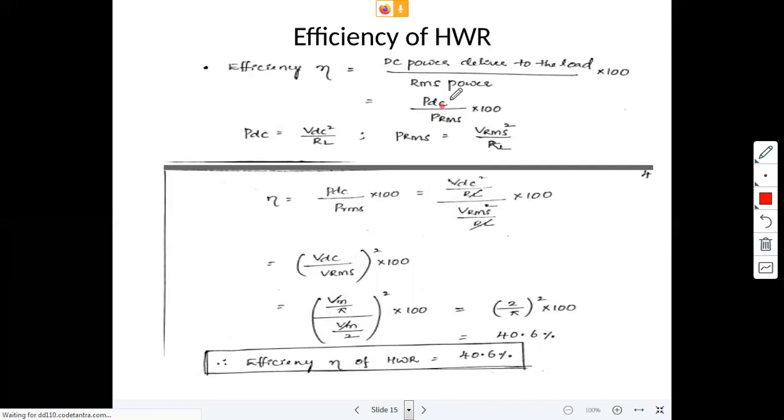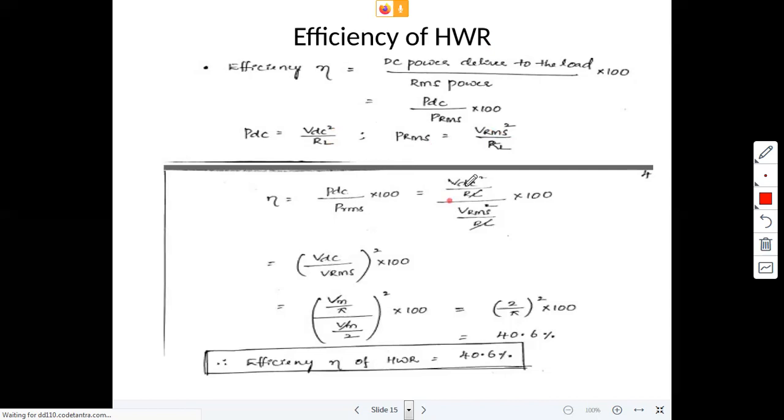That is equal to P DC by P RMS, where P is power. Power is V square by R, so P DC is V square DC by RL, where R means load resistor RL. Similarly, P RMS is V square RMS by RL. Already we calculated VDC and VRMS for half wave rectifiers.